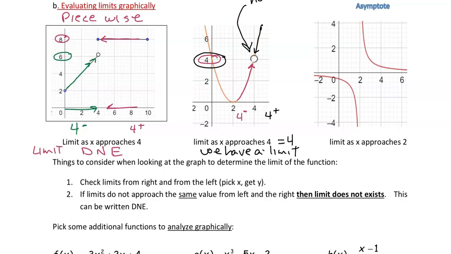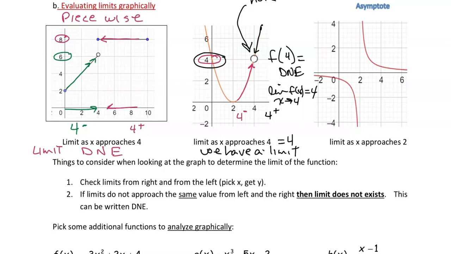So this is a hole. So I have a limit, but if this is an f of x function, f of 4 does not exist. There's no value. But the limit of the function f of x as x approaches 4 equals 4. Okay, you don't have a function value there, but you have a limit.